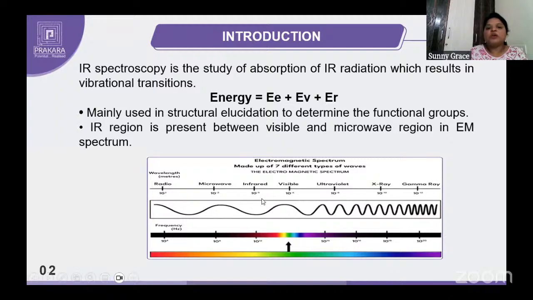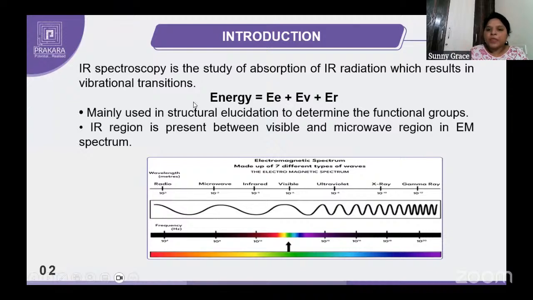The interaction can be of two types: absorption and emission. When the infrared radiation is absorbed, a spectra or a peak is recorded. So infrared spectroscopy is the study of interaction of infrared radiation which results in the vibrational transition.